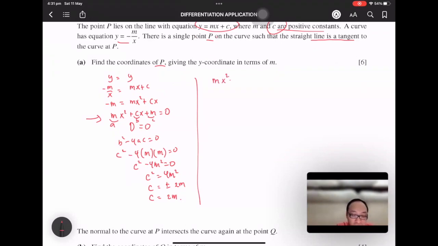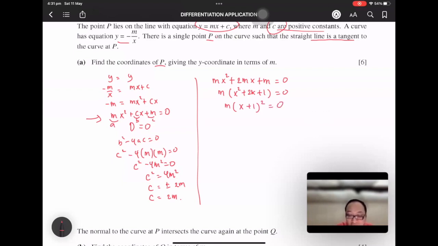mx squared plus c is 2mx plus m equals 0. Now we solve this. I factorize m, x squared plus 2x plus 1 equals 0. And this can be simplified using completing the square as x plus 1 squared.